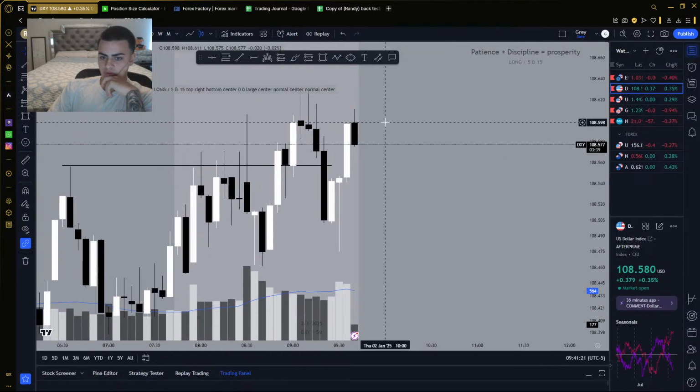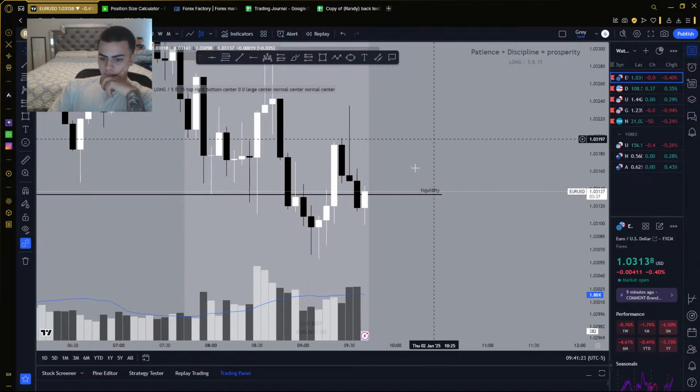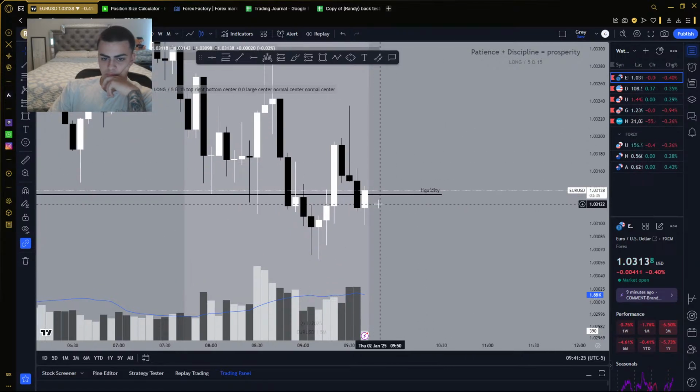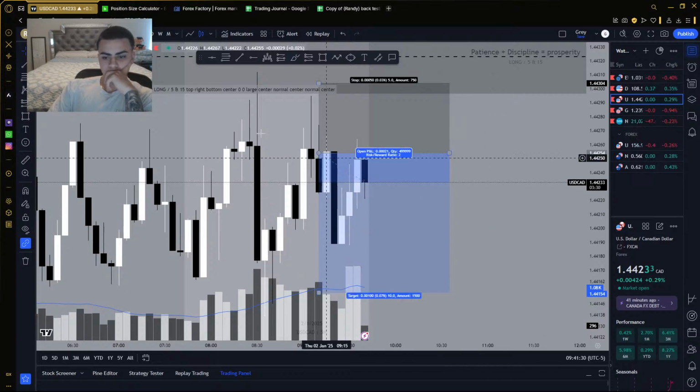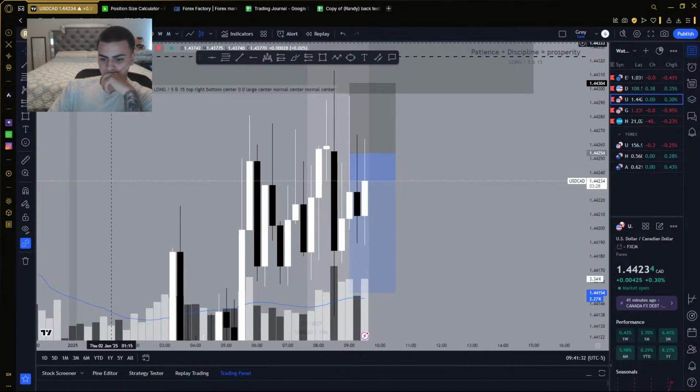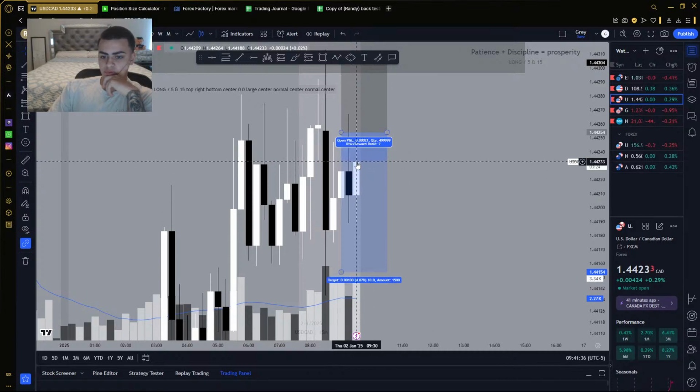The XY looks like it's gonna reverse here. Same with this one. If the 15-minute closes above this resistance, then I'm out of the trade. Like fully, I'm out of the trade.